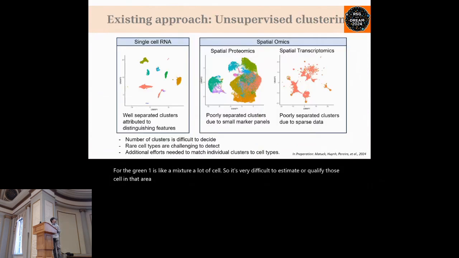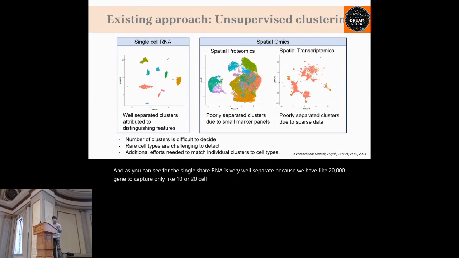Another situation is that in this figure we have the same tissue and we run three experiments on that same tissue: single cell RNA, spatial proteomic, and spatial transcriptomic, here with mouse data. As you can see, the single cell RNA is very well separated because we have about 20,000 genes to capture only 10 or 20 cell types.